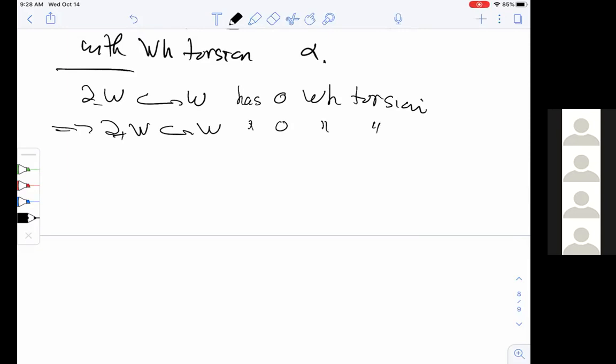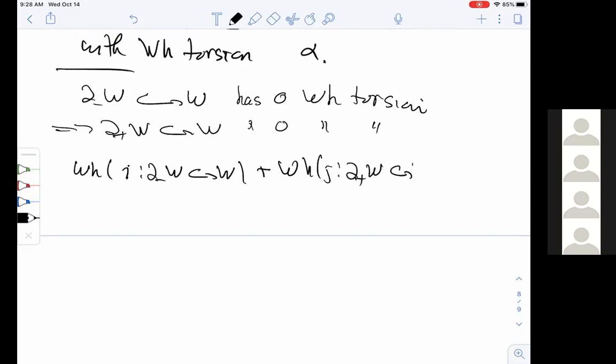So that suggests that the Whitehead torsions ought to be related, and indeed the Whitehead torsion of the inclusion of boundary minus W into W is the opposite of the Whitehead torsion of the inclusion of boundary plus W into W. So you flip an s-cobordism over, you change its Whitehead torsion to its negative. So that's an interesting thing.